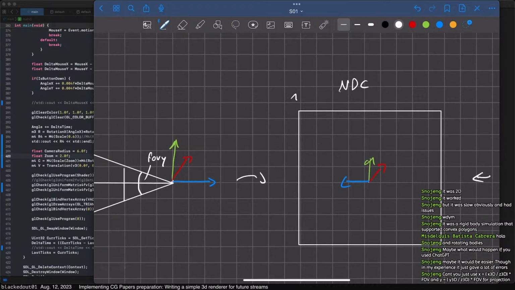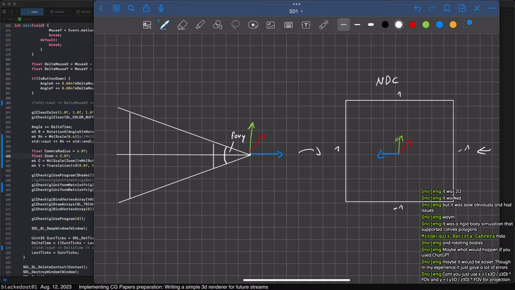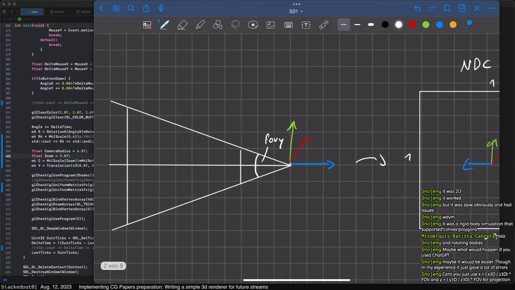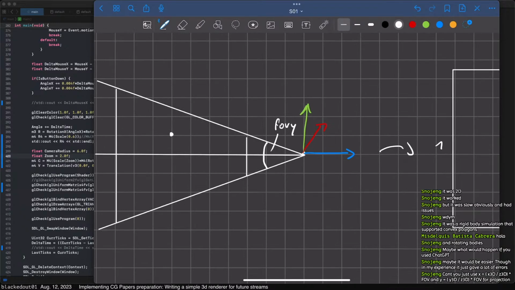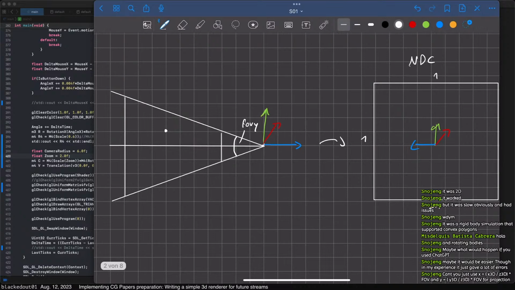So this is 1, -1. So this is 1 here, -1. And this is 1, -1. So let's say we have a point here. And let's focus on the y conversion right now.